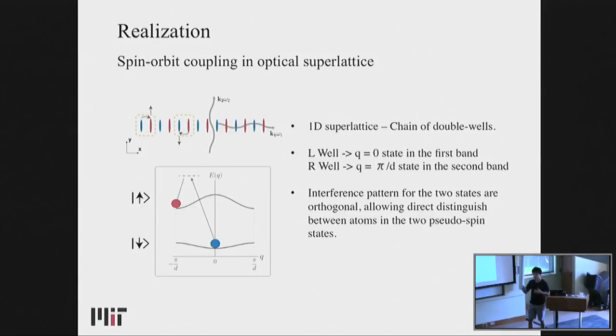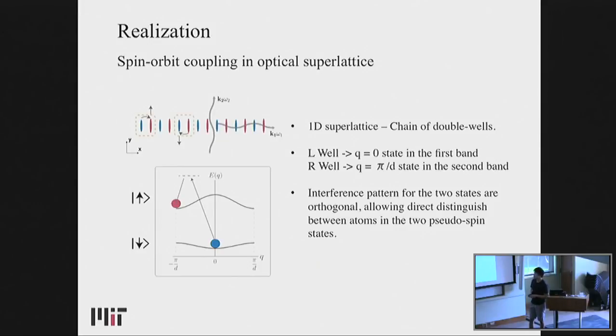We have no confinement, or just a harmonic confinement, along the other two directions perpendicular to the lattice. So what is the difference between the superlattice and the double well? A superlattice is basically a chain of double wells which still have coherence between the different double wells. And how does this modify our system?